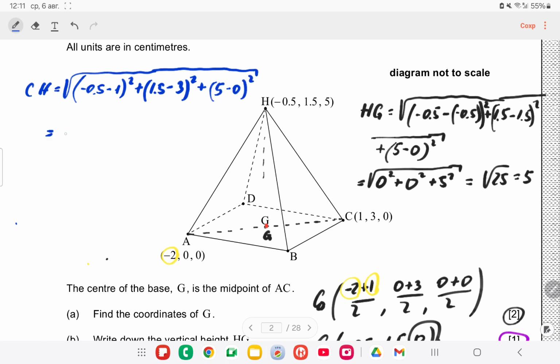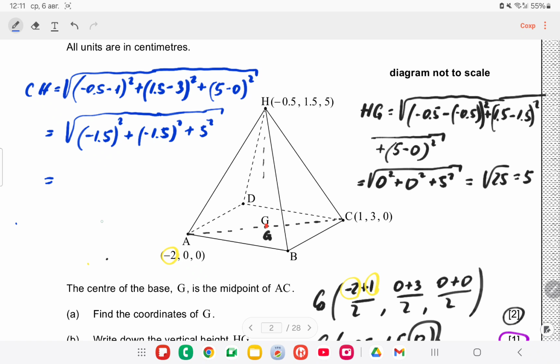So it's just, to simplify, minus 1.5 squared plus minus 1.5 squared again, and plus 5 squared.